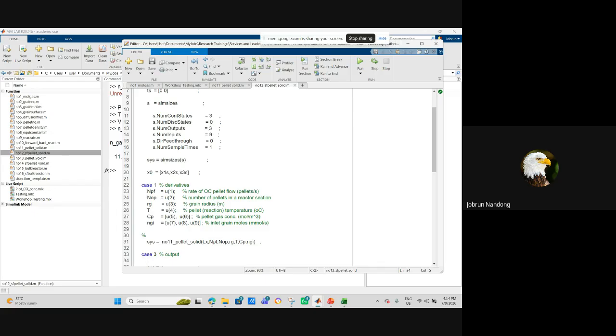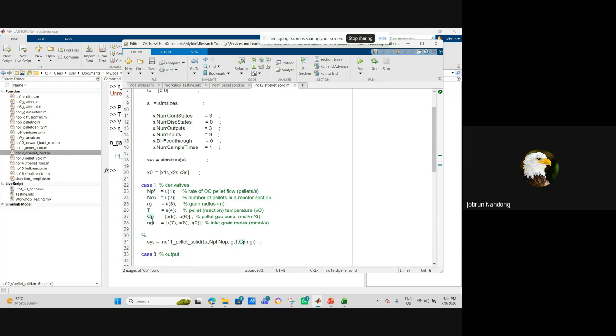Now, based on that, this is your input. You just specify the NPF, input number one, U1, NOP, that is the number of pellets, as input number two. RG, again, my one is the same. Same order. The order of this is the same as in this one. UG, then P, same as this one.